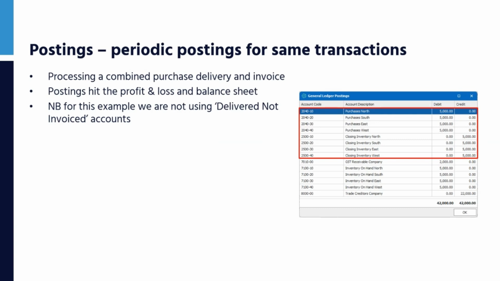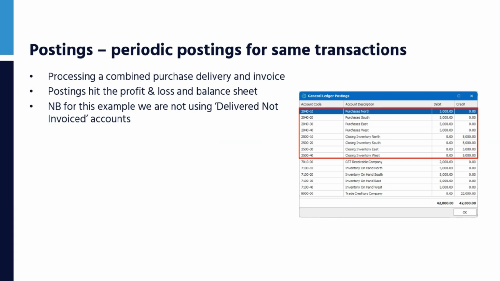Now, from a postings point of view, from the periodic postings, just for simplicity, I'm not using the delivered, not invoiced accounts in my periodic postings. So this is just pure periodic postings. Again, going through that same sequence of transactions, I'm doing a purchase delivery invoice combined to bring in stock into all 4 of my locations.